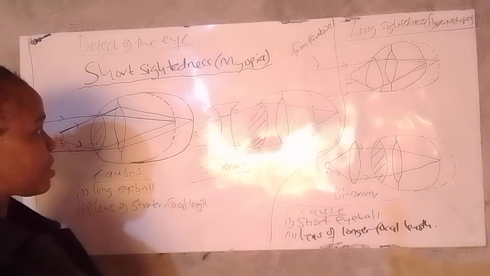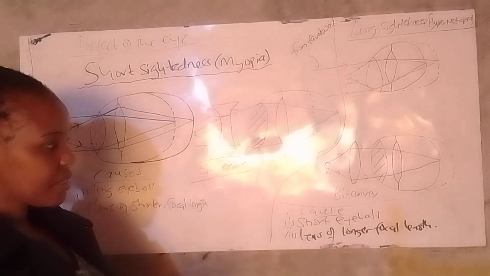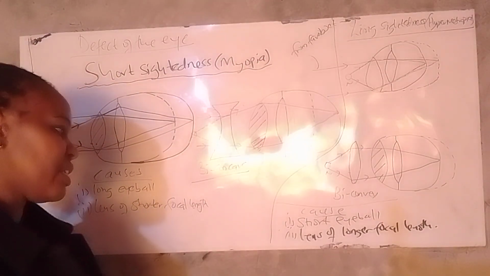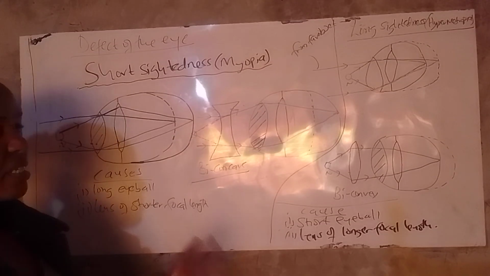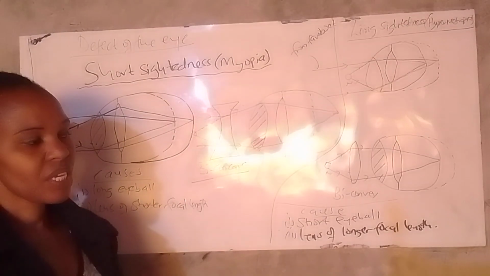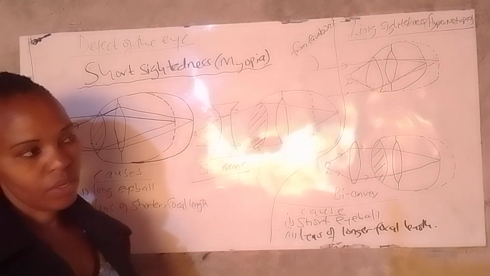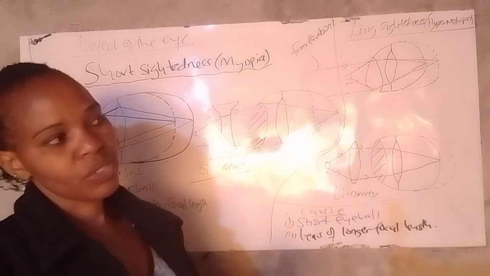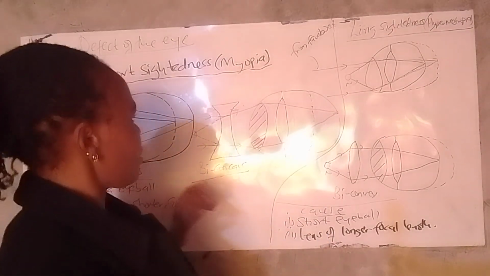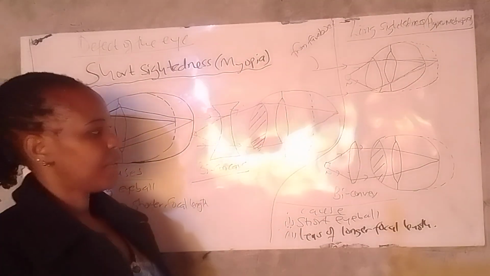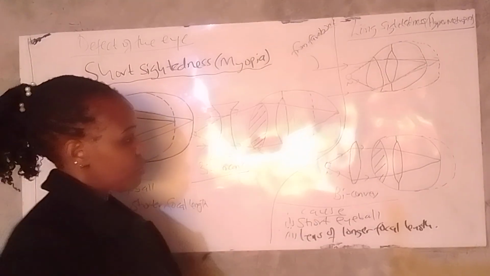So we have looked at the two defects. One is short-sightedness and the other one is long-sightedness, and we have seen the problem is either with the size of the eyeball. It could be longer or shorter than that of a person with no defect, or the problem could be with the eye lens.